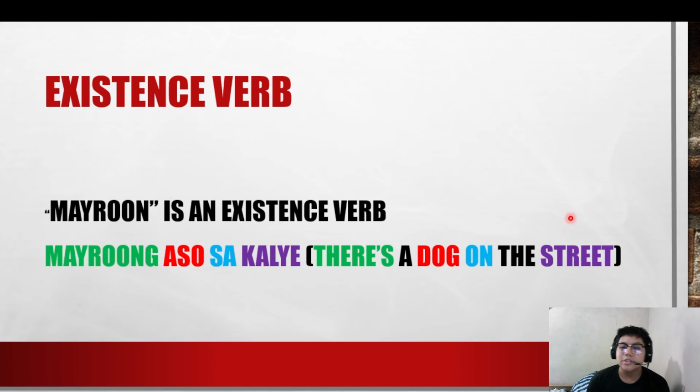By the way, just a little fun fact. A lot of people will get confused on the sentence pattern of Filipino. You know how it's weird that this goes first. Some English sentences start with a verb like this: there's a dog on the street. Verb is right here, and then the subject, and then the object.